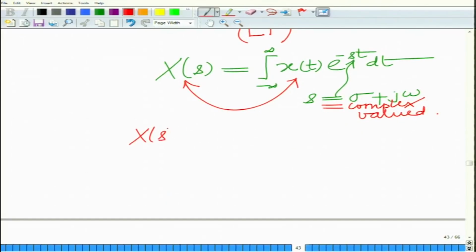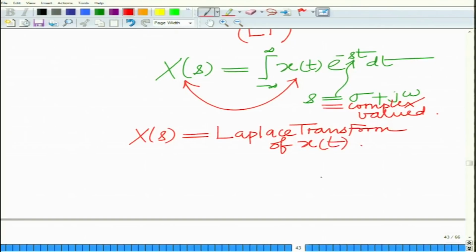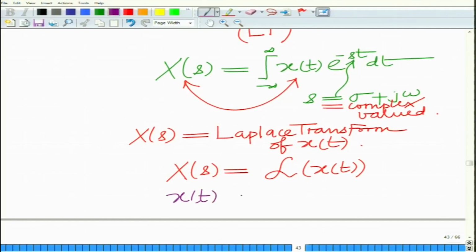So, X(s) equals Laplace transform of x(t), and this is also represented by X(s) equals calligraphic L of x(t), that is the calligraphic L denotes the Laplace transform, or that x(t) and X(s) form a signal and Laplace transform pair.